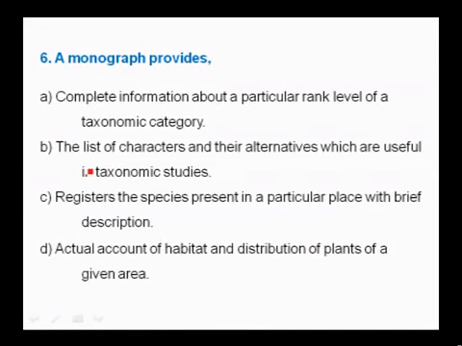So which is the right answer over here? The list of characteristic features and their alternatives which are useful in taxonomic studies is keys, which I had mentioned earlier. Register of the species present in a particular place with brief description, I had again mentioned, is catalog. Actual account of habitat and distribution of plants of a given area is the right answer. So option D.